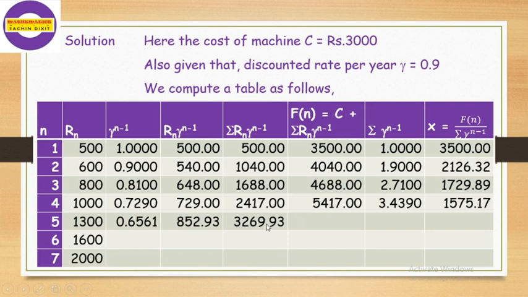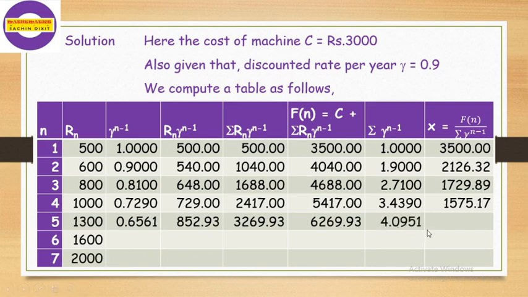Then we add this value to the cost of the machine, so we get the total expenditure up to 5 years as 6269.93. Then the summation of gamma raised to n minus 1 when n equals 5: we add this 0.6561 to 3.4390.